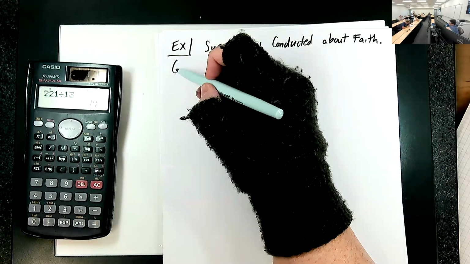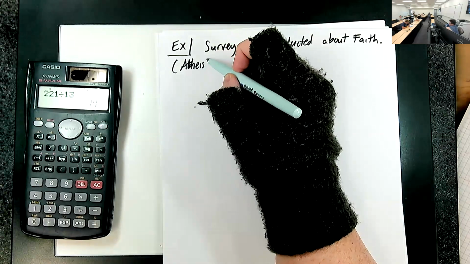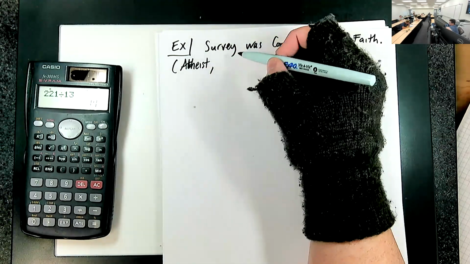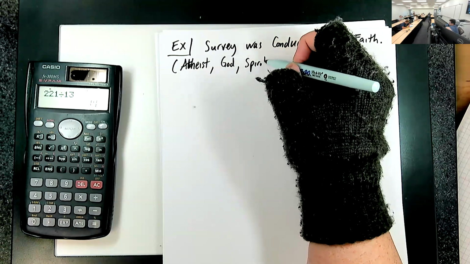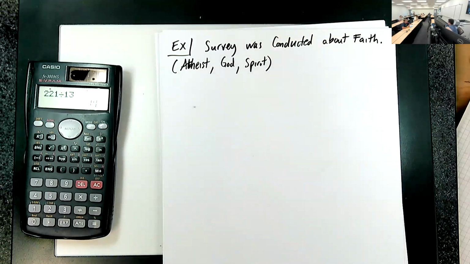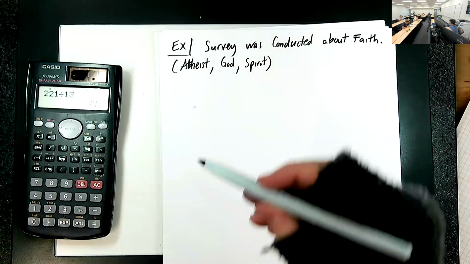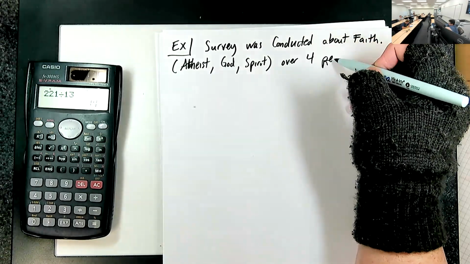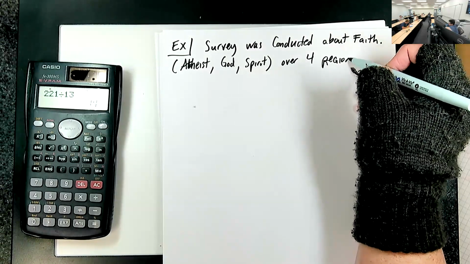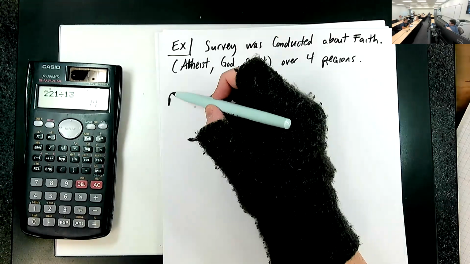And the choices were atheist, God, or some spirit that isn't like the God thing, like a Holy Spirit, but not a God, like some spiritual entity. And they did this over 4 regions. And this is the table that they got for the answers.